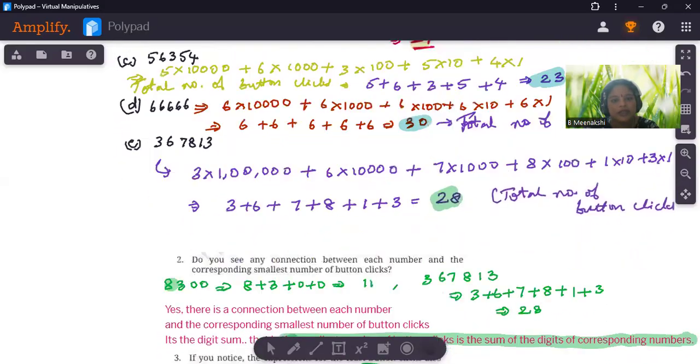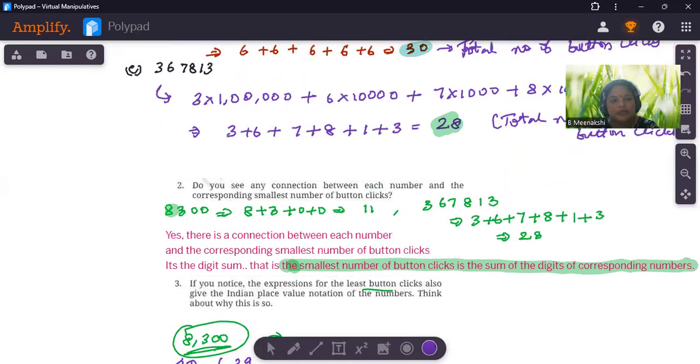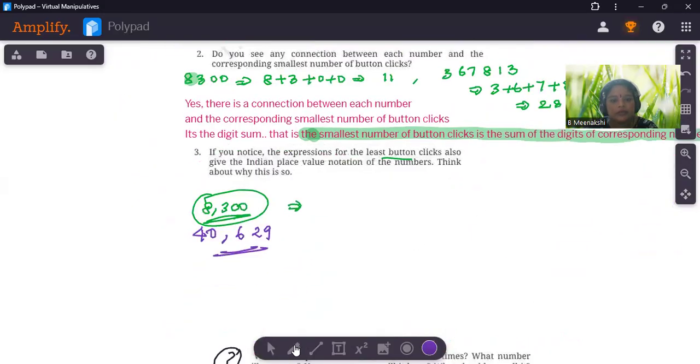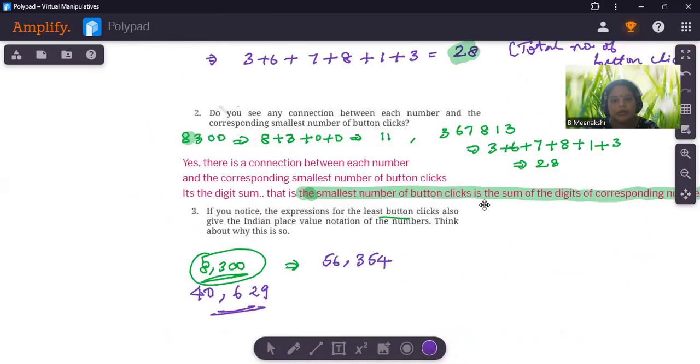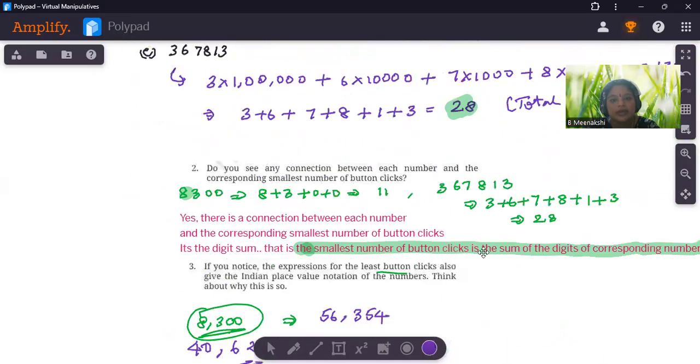And for 40,629, how will you write? 40,629. This is the Indian place value notation. Similarly, for 56,354, after 56, we will put a comma. And similarly, for 66,666.